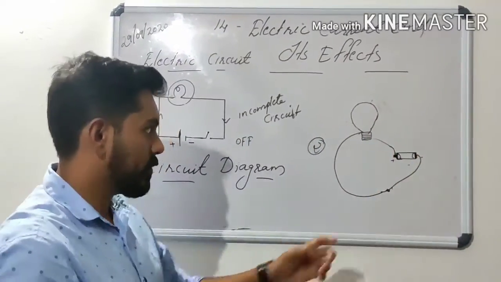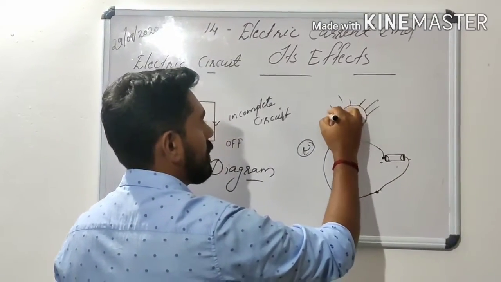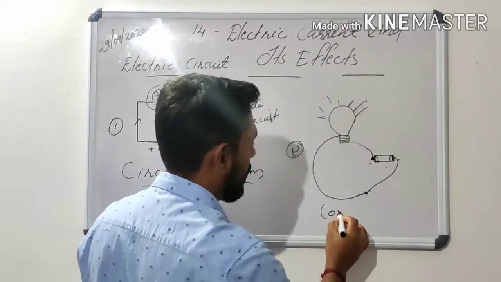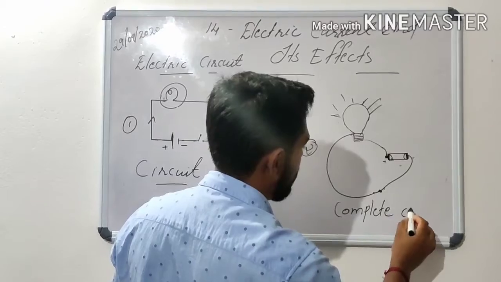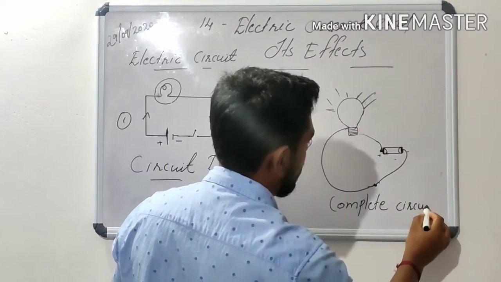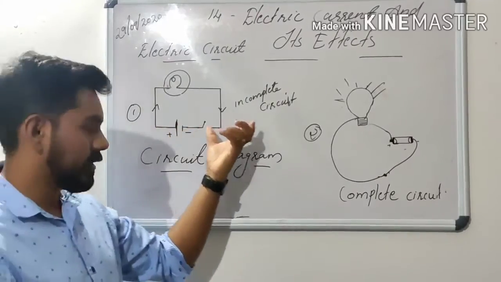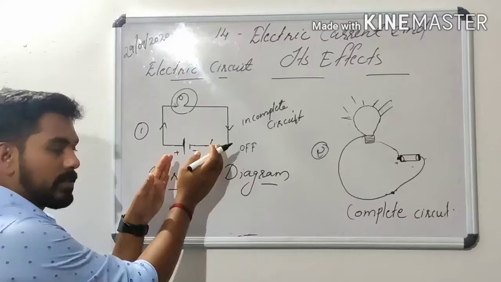When you join these two ends together, the electricity or electrons start to flow through this wire. So the bulb will start to glow. That's why it is called a complete circuit. This is a complete circuit and this is an incomplete circuit, because the circuit is broken here. There is a break because of this key.